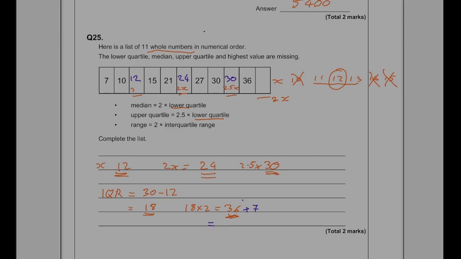So 36 plus 7 is going to give us 43. So that final value would be 43. And yeah, that works okay.